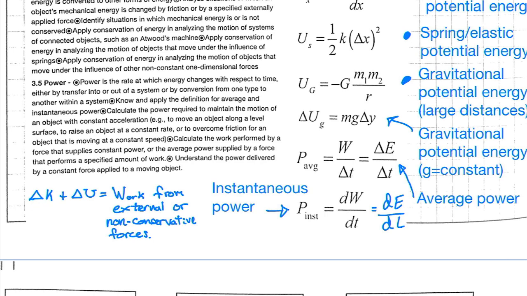So the change in kinetic plus the change in all types of potential is equal to the work from external or non-conservative forces, the work done on the object or the system from external or non-conservative forces. You've noticed a bunch of times we've mentioned conservative and non-conservative forces. We will talk about those more to come, but that's going to be something that you definitely want to understand the differences between.